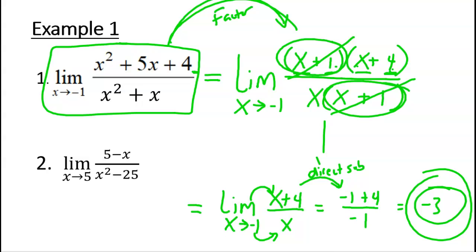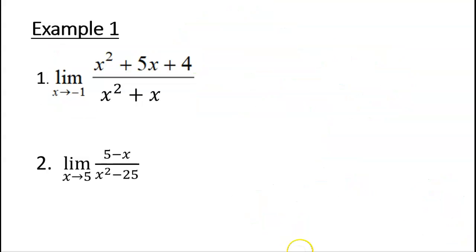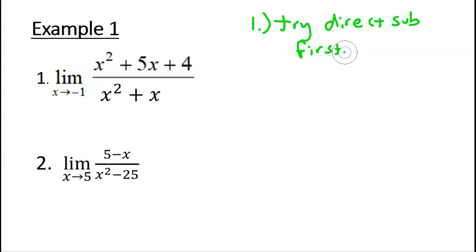Okay, so let's review. When you're doing limits, you try direct substitution first. But if it fails, we're going to do a couple of things. First of all, we're going to try factoring.